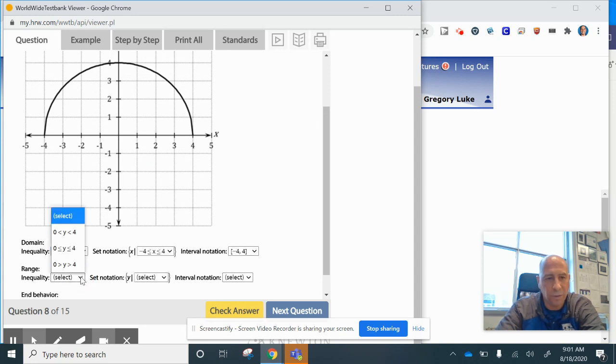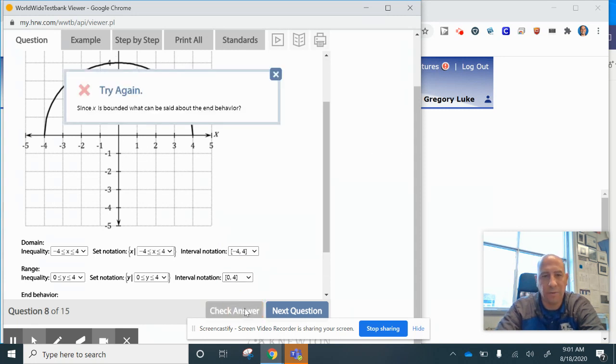So the range, again, this is never correct, it's always this, so it's 0 to 4, including 0 and 4, same thing. And then interval notation, again, it's bracket for both, 0 and 4. All right, let's check the answer.